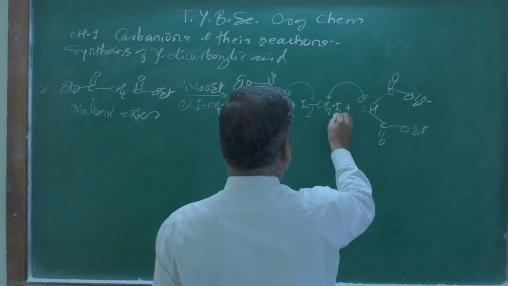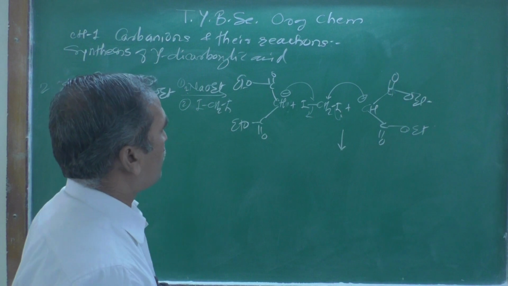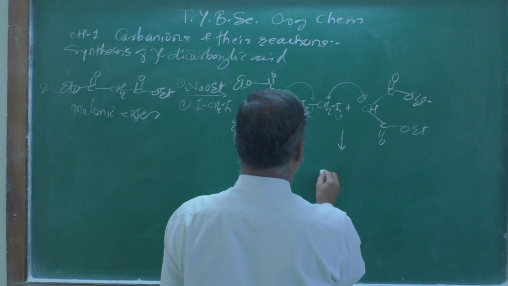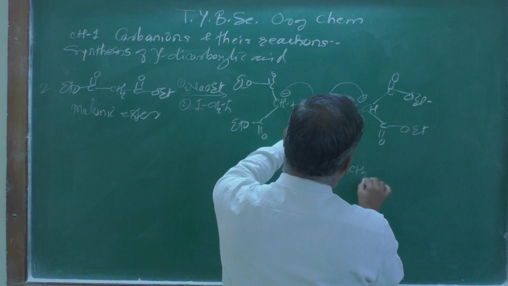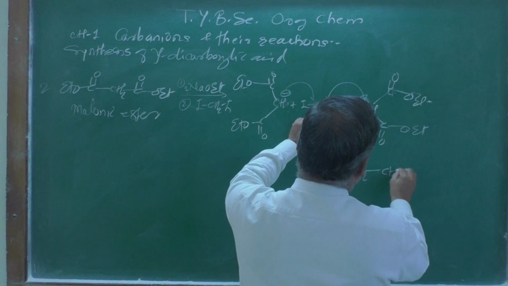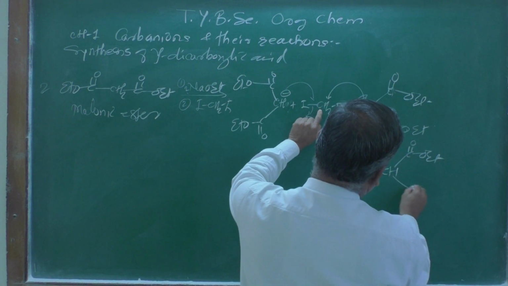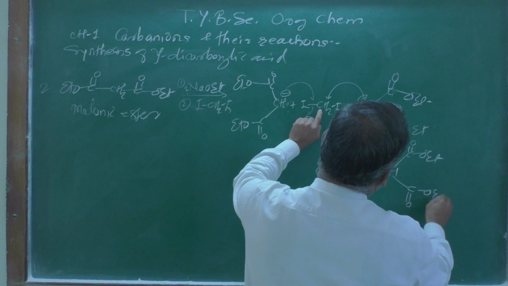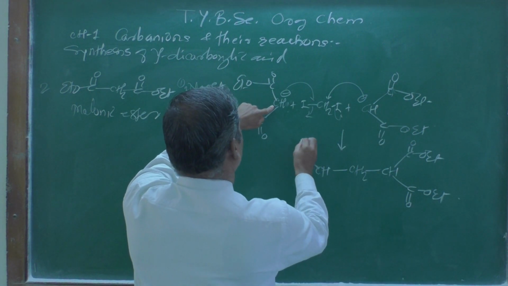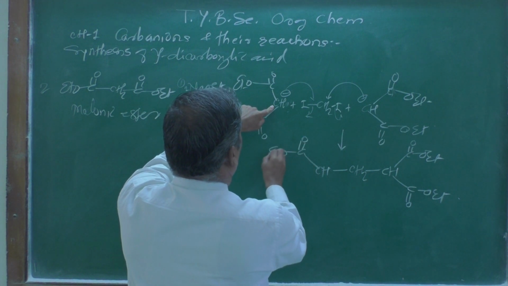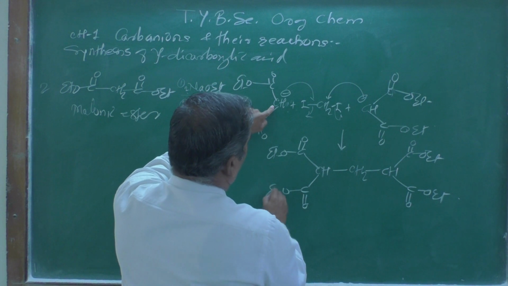The resulting compound formed will be this one: CH, then the middle one CH2, then CH, with C double bond OEt, and in the same way here also C double bond O and OEt, right?